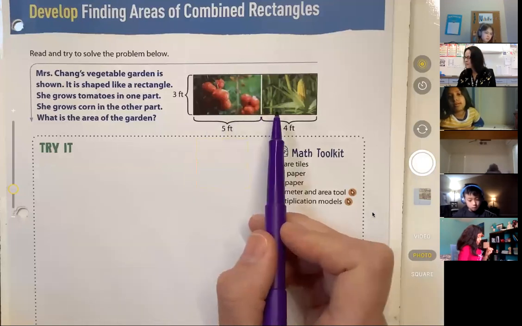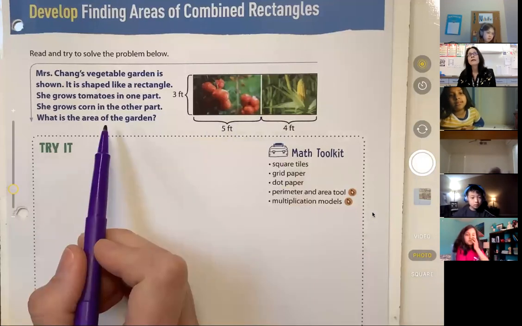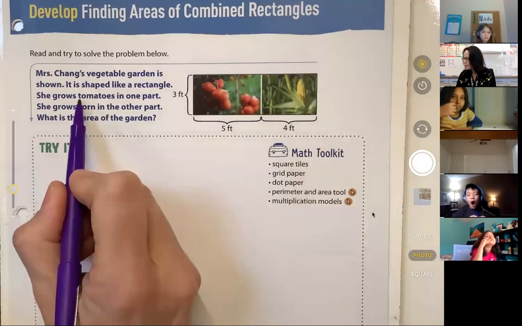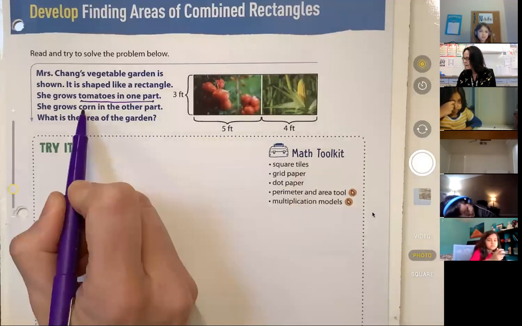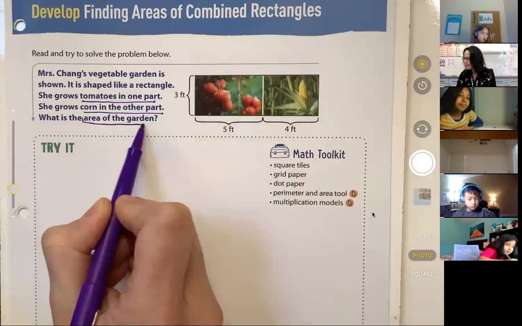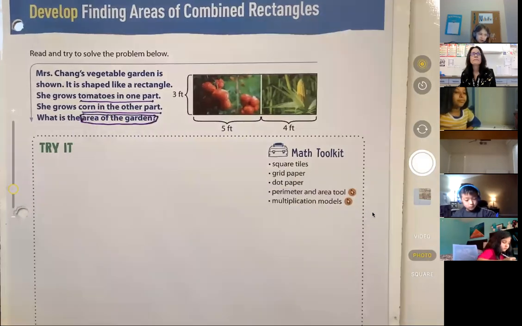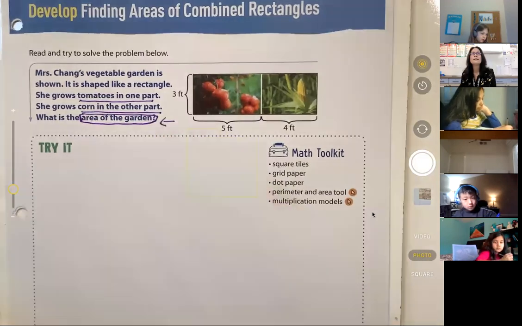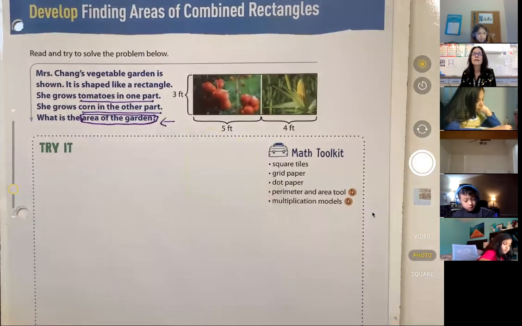So when we're close reading our problem, it is saying that she has tomatoes in one part, corn in the other part. What we want to know is the area of the garden. That's the big important piece. This is what I'm asking you. What is the total area of the garden?